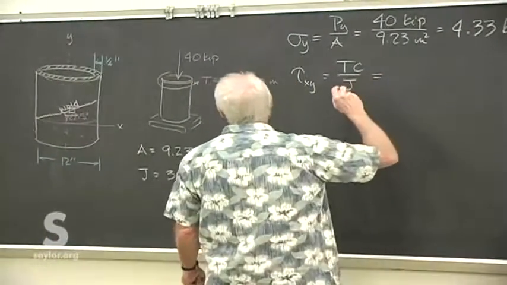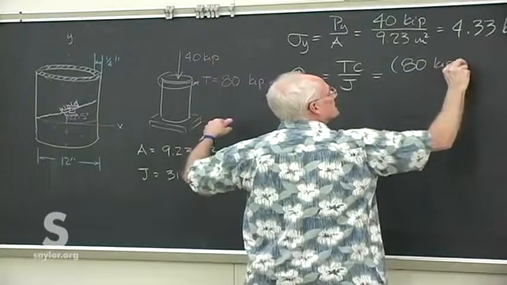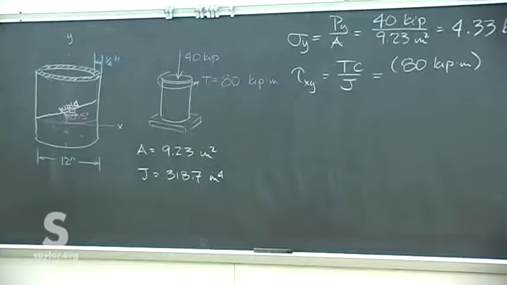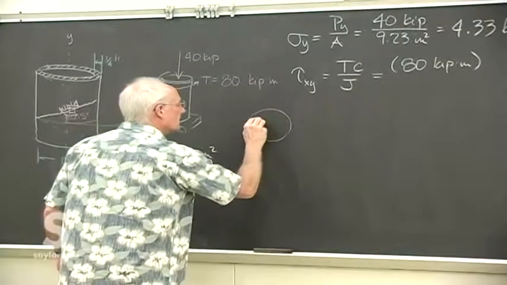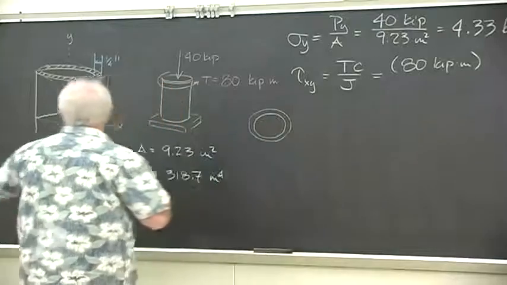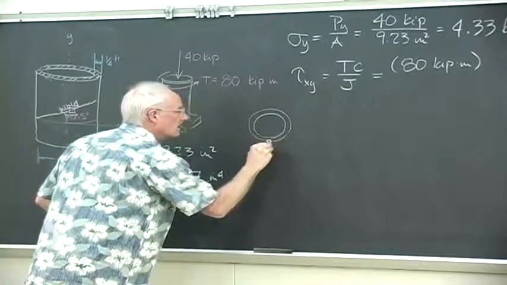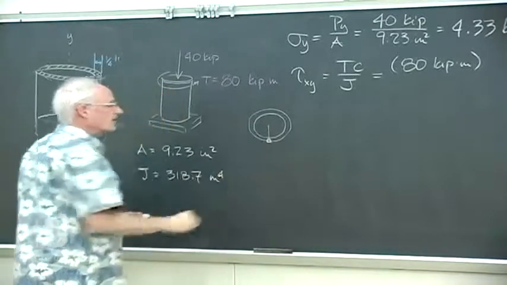And so we've got all those pieces now. 80 kip inches is the torsional load. What's c? 6 inches. As if we look at the pipe on end, we're looking here at an elemental piece out on the outer surface, because that's the farthest piece away.